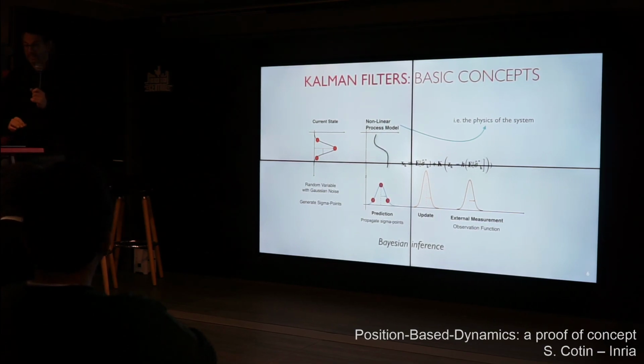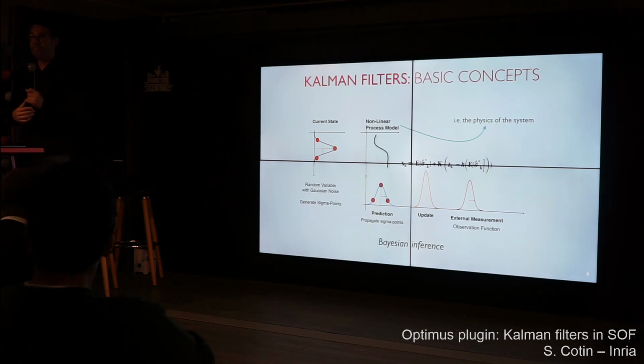The basic concept is every parameter we want to estimate is assumed to follow a Gaussian distribution. If we know this distribution, meaning you have a mean value and a standard deviation for your parameter, then you have a Gaussian shape. It could be in many dimensions depending on the type of parameter.